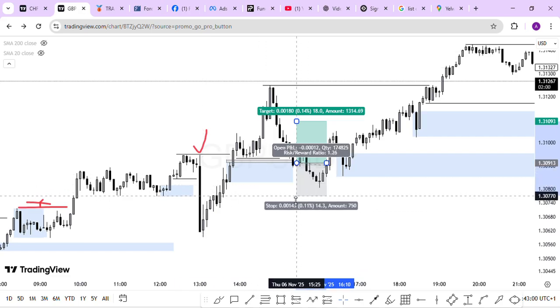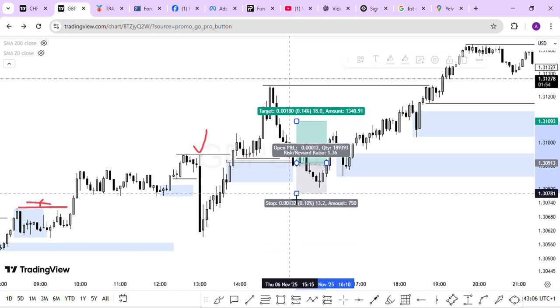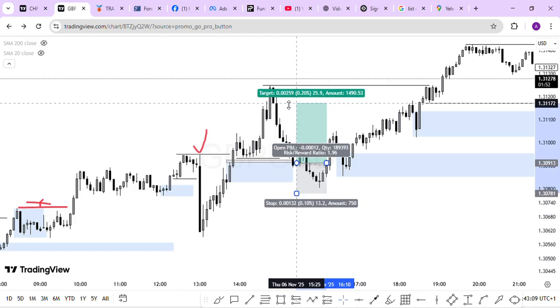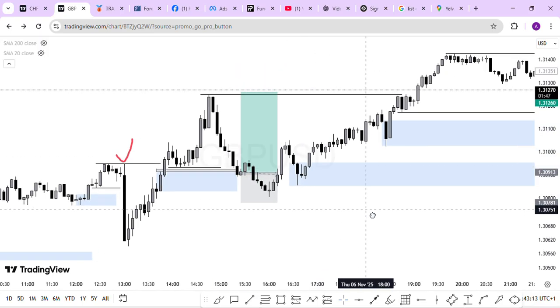So you give the market a little space to breathe. You are not expected to put it there because it will be too much. Then you target maybe one to the next break of structure.